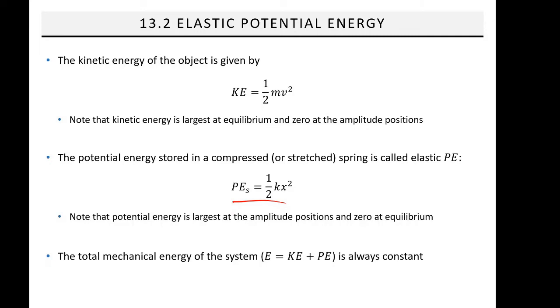I do want to note that the potential energy is largest when x is the largest, and when x is 0 in equilibrium, the potential energy is also 0. And the final bullet point down here is just another statement of conservation of energy. If you add together the kinetic and the potential energy, you get the total mechanical energy, and this is always constant.